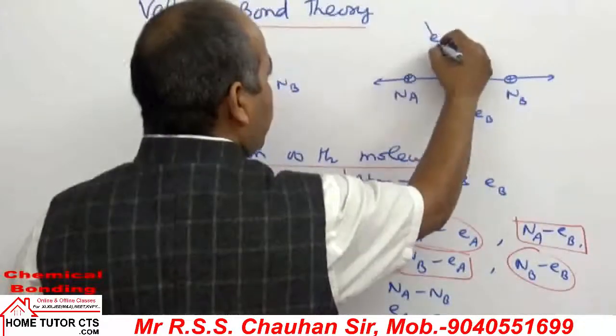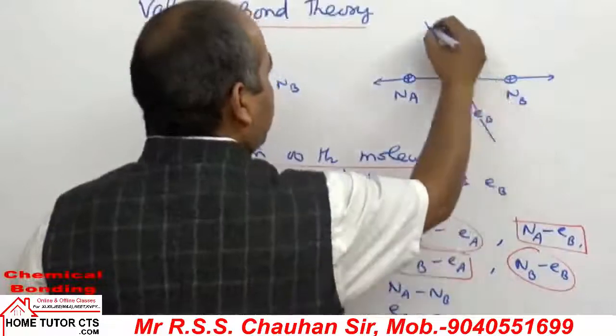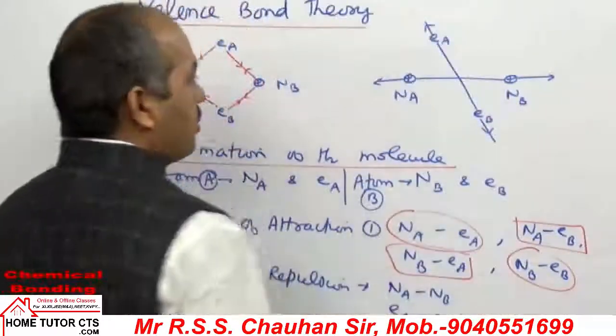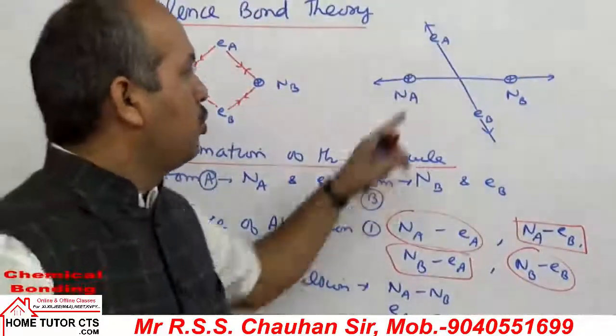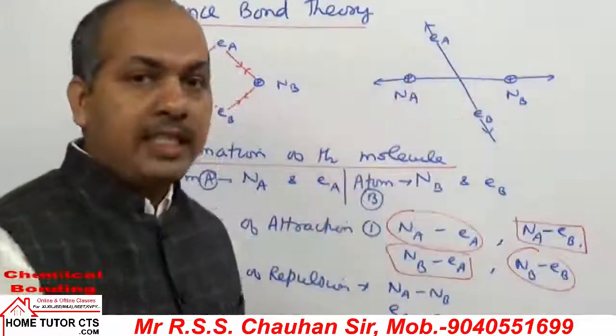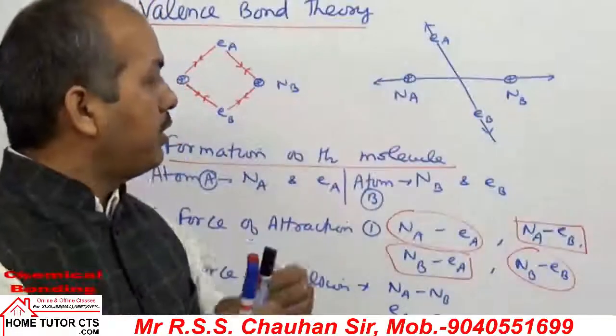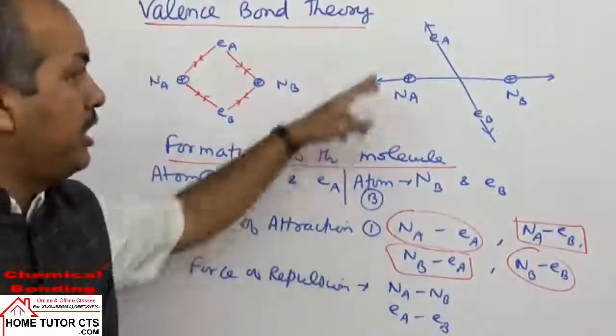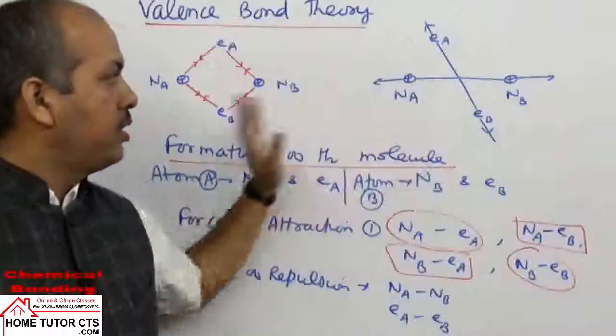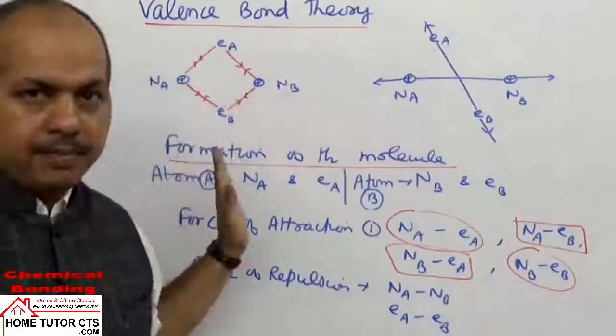They also repel each other. These can be taken as repulsive forces. So the nuclei of two atoms repel each other, and also the electrons of two atoms repel each other. These are the two repulsions, and the attractions taken here.